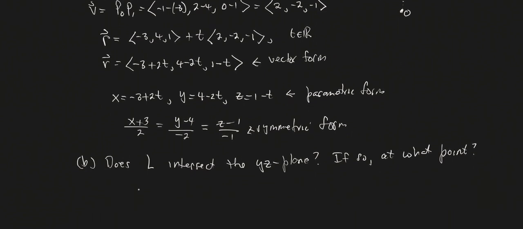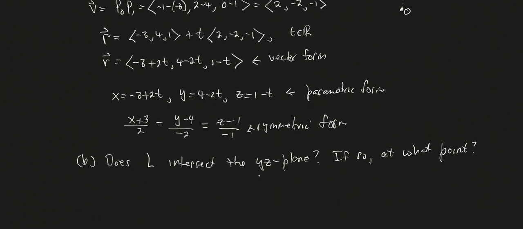What fact do we know about the YZ plane? In the YZ plane, what we know for sure is that x has to be equal to 0. Well, looky here.